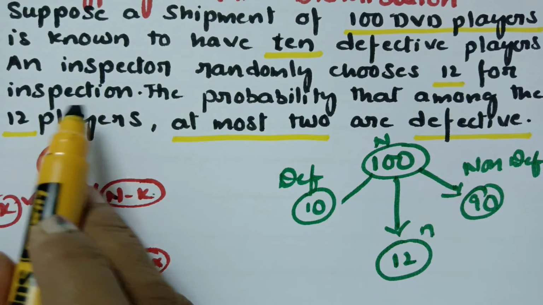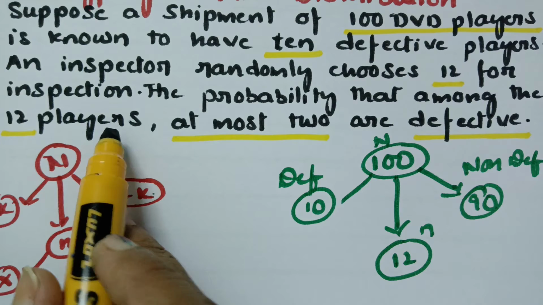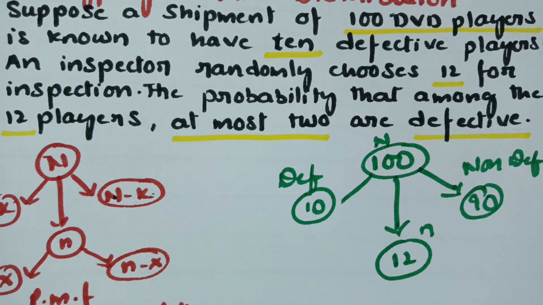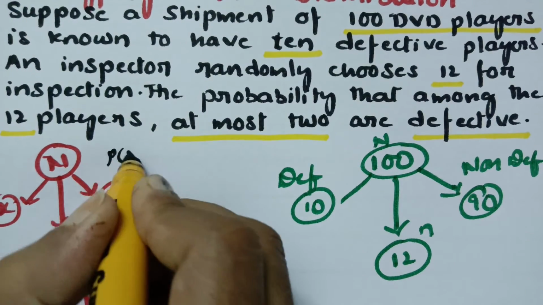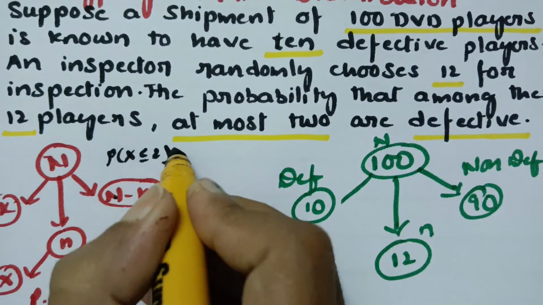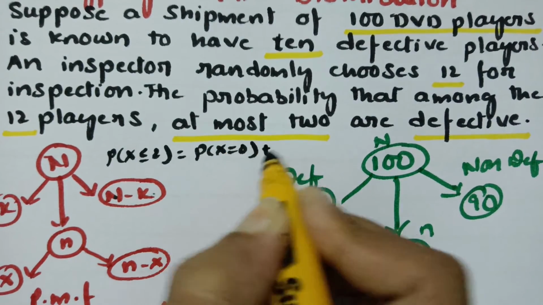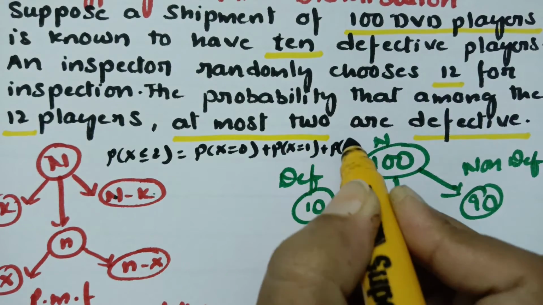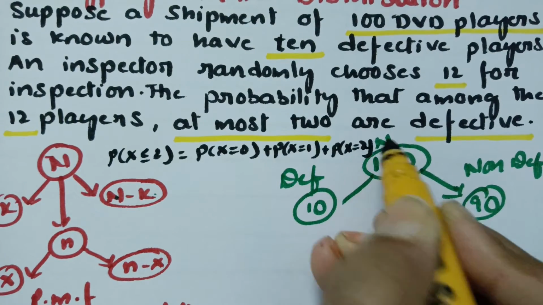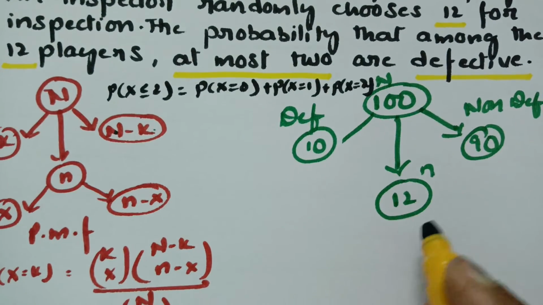If 12 items are inspected, what is the probability that among the 12 players, at most 2 are defective? The most important thing here is at most 2. The probability of x less than or equal to 2 can be written as probability of x equal to 0 plus probability of x equal to 1 plus probability of x equal to 2. So there are 3 cases here.